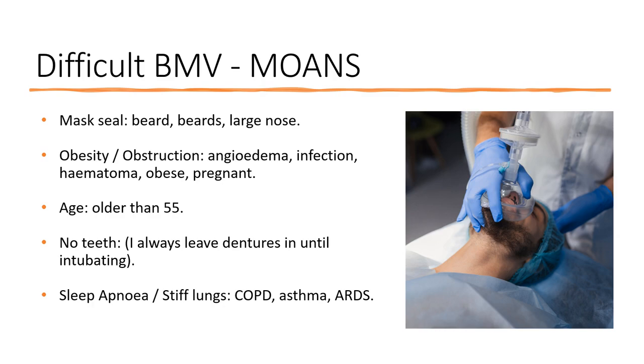Stiff lungs, well, that means that if it's difficult to blow air into the lungs, it's going to be difficult to use any form of supraglottic airway or mask ventilation. And this includes things like asthma, emphysema, ARDS, or severe lung infections.